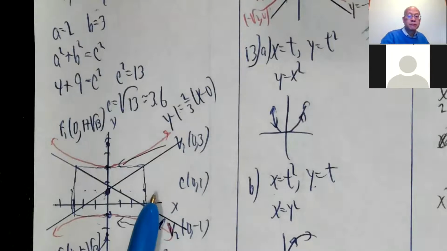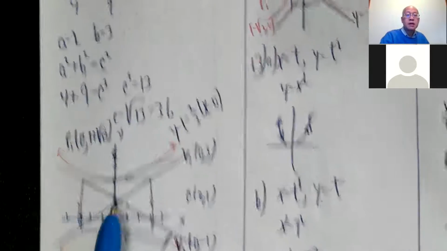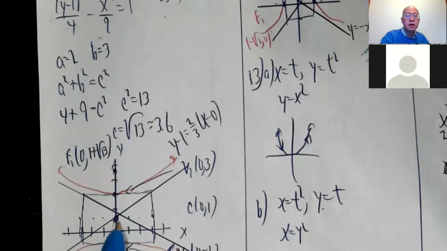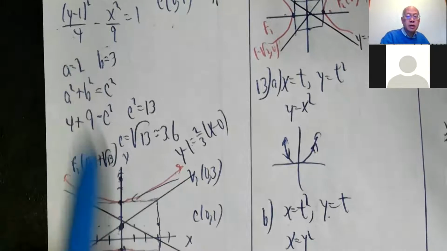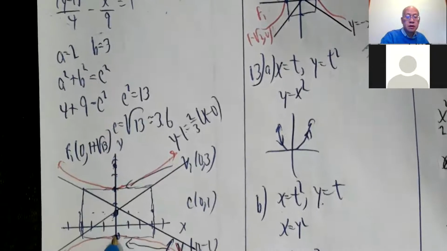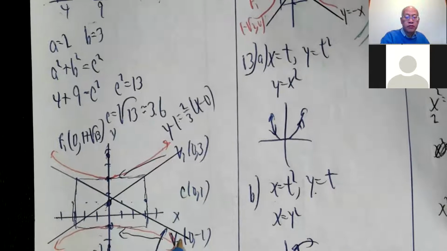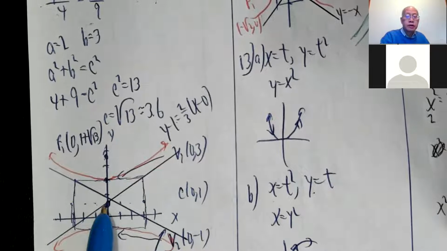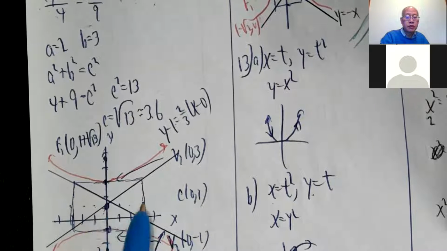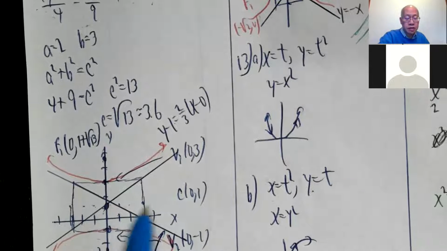So here we go. Center was at (0, 1). I go 2 units up and down. So my vertices are (0, 3) and (0, -1). I go 3 units left and right, 1, 2, 3, 1, 2, 3. I didn't bother to label these points. They don't have any special names anyway.